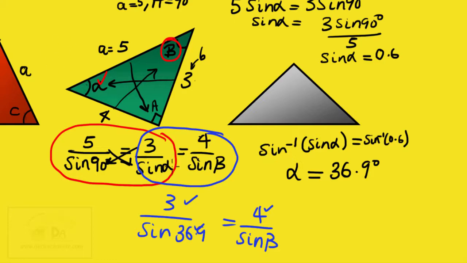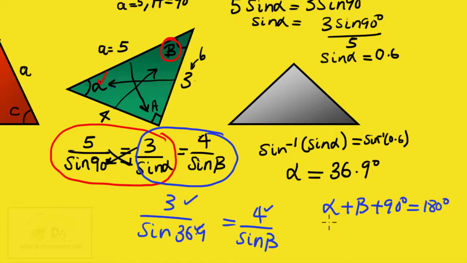But instead of going through that long process in this case, one could just note the fact that the sum of angles in a triangle must always be equal to 180 degrees. That means alpha plus beta plus this right angle here, which is 90 degrees, must be equal to 180 degrees. So I'll write that here. Alpha plus beta plus 90 degrees must be equal to 180 degrees.